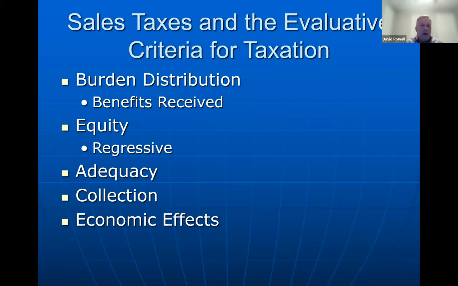The problem, though, is if you're going to generate a lot of revenue, you are assuming that you're not going to depress consumption, that people are going to continue to pay for cigarettes and alcohol, irrespective of the increase in the price. If there is an increase in the price and it's a very elastic good, then by increasing your sumptuary tax rate, you're going to actually depress consumption. And it's not really possible for you to both increase revenue and at the same time depress consumption for what's considered to be a socially undesirable type of behavior.